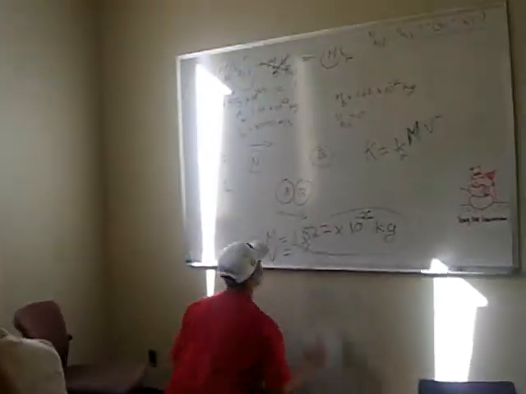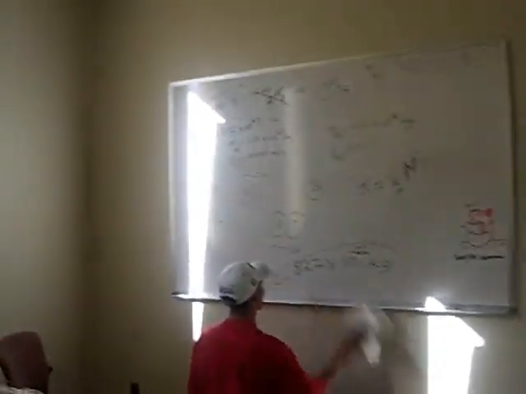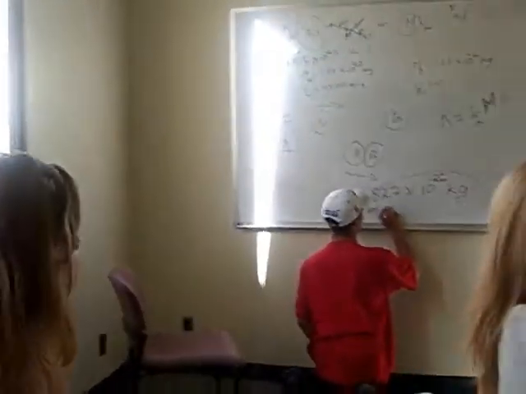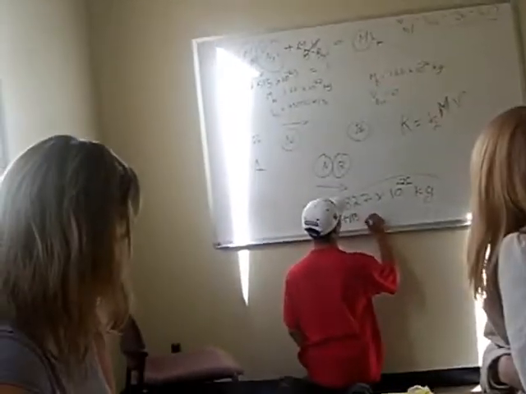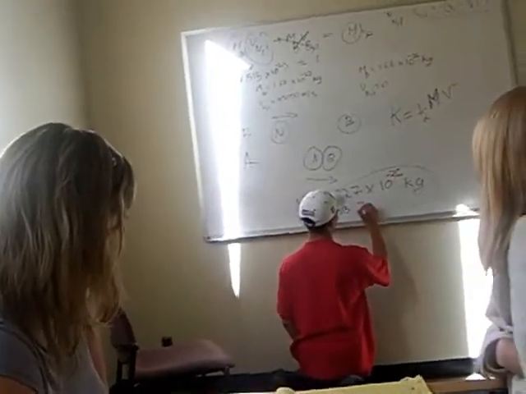So the big V is 4,113 meters per second.